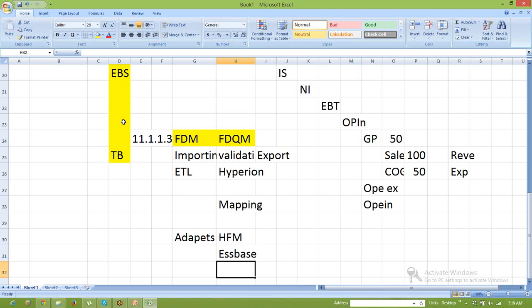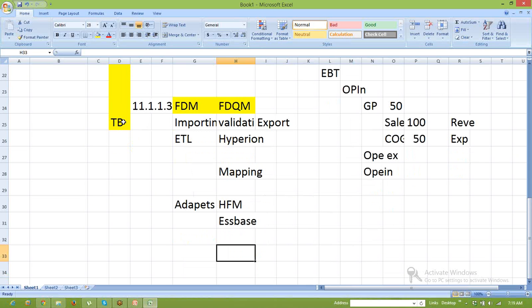So the HFM adapter is used to extract data from any HFM application into the FDM application? We import the adapters into the FDM application. While importing the adapters, it gives the connection between your FDM application and the HFM application.